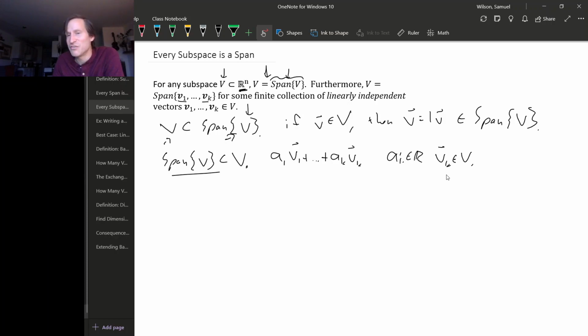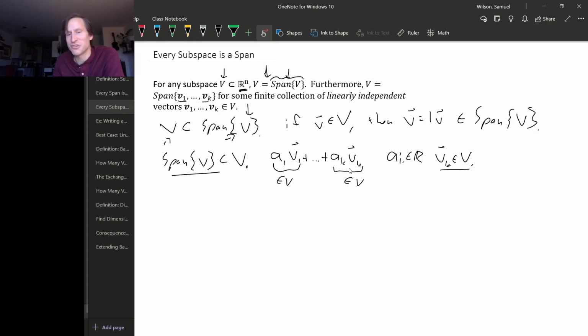But if all the v's are in V, then, we're assuming V is a subspace, so that means that V is closed under scalar multiplication. So ak times vk, that's in V. a1 times v1, that's in V, because V is closed under scalar multiplication.